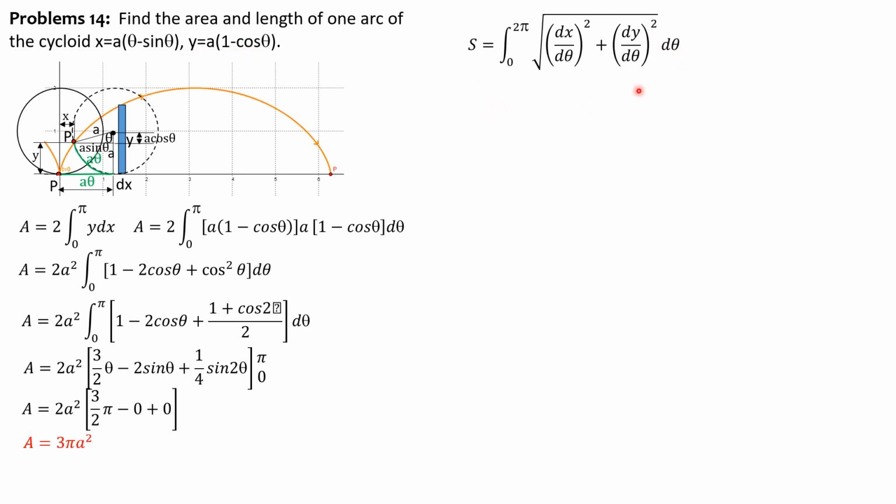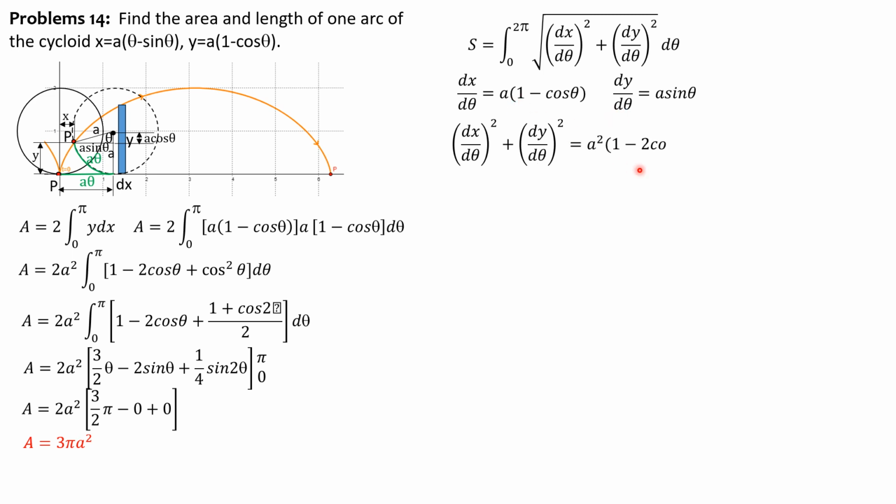Therefore, (dx d theta) squared plus (dy d theta) squared is a squared times the quantity 1 minus 2 cosine theta plus cosine squared theta, plus a squared sine squared theta.